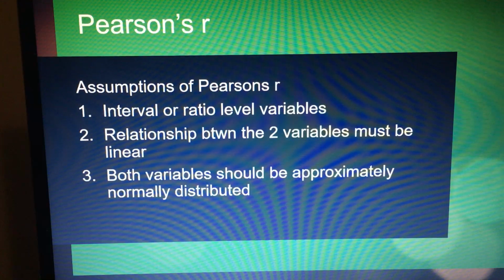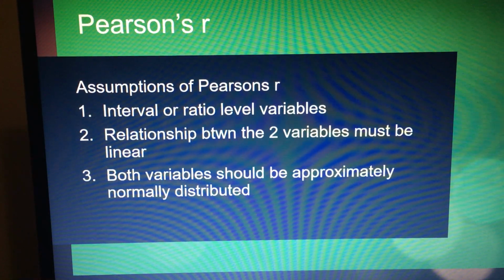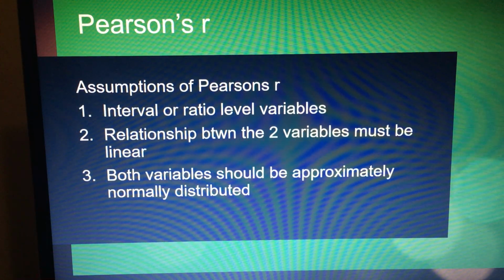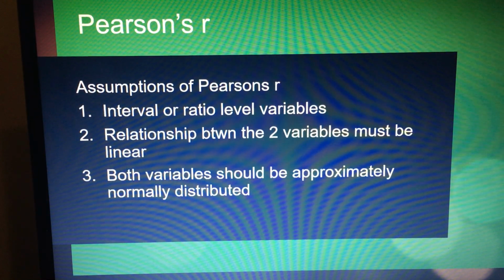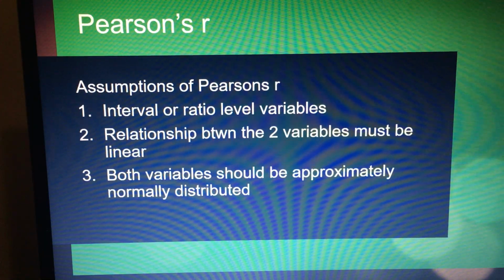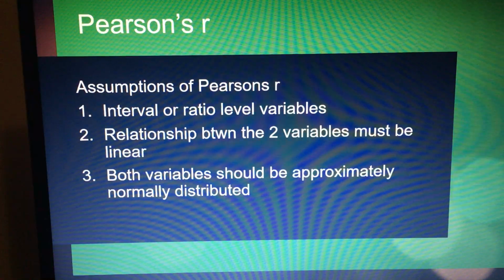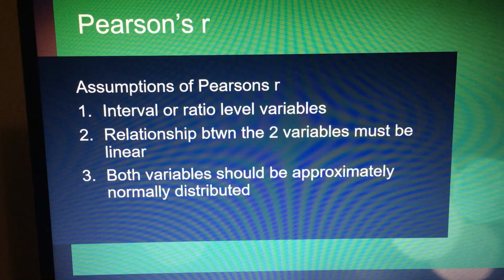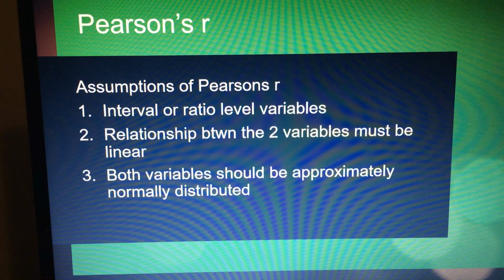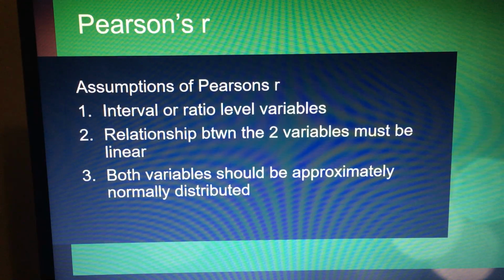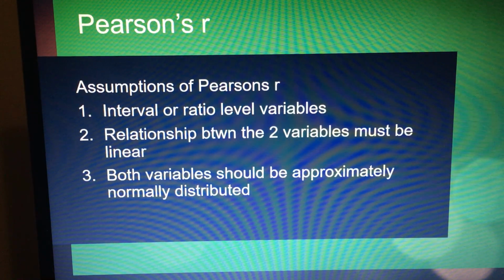There is a linear relationship between the two variables, and we check this by constructing that scatter plot. Both variables are approximately normally distributed, and we can check this by making the histograms. They do not need to be perfectly normal, but they should not be heavily skewed or bimodal, etc. And there are no extreme univariate or bivariate outliers.